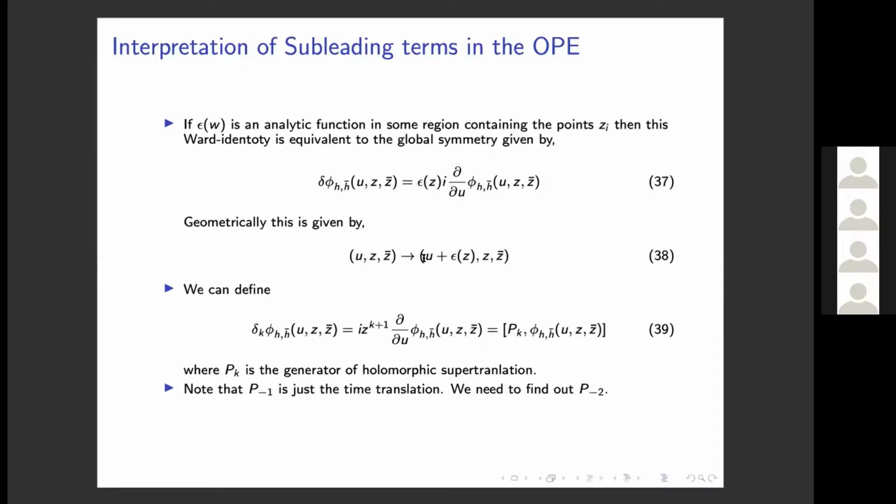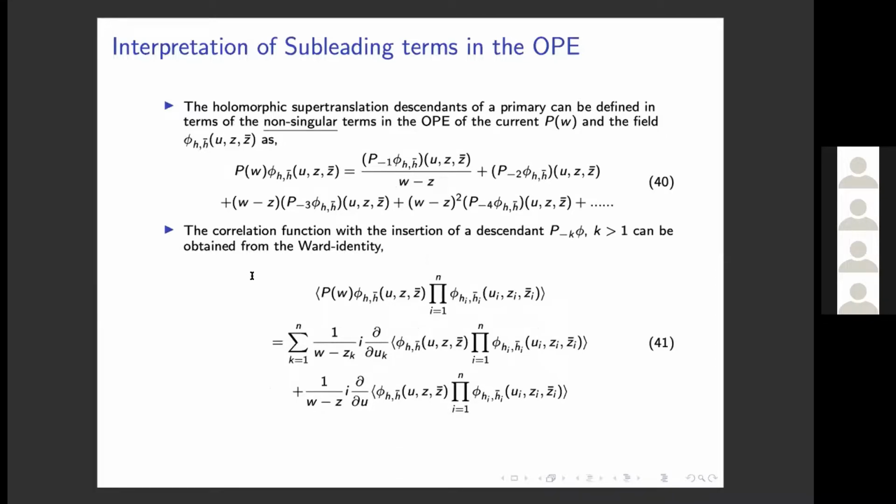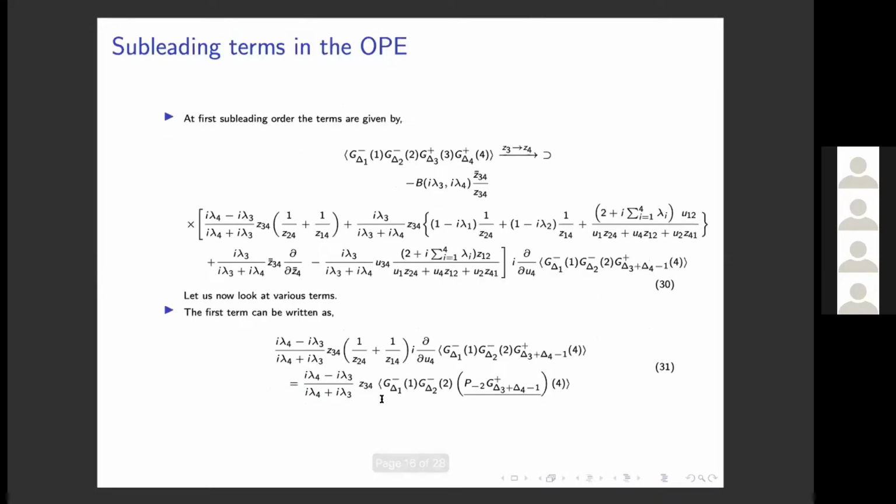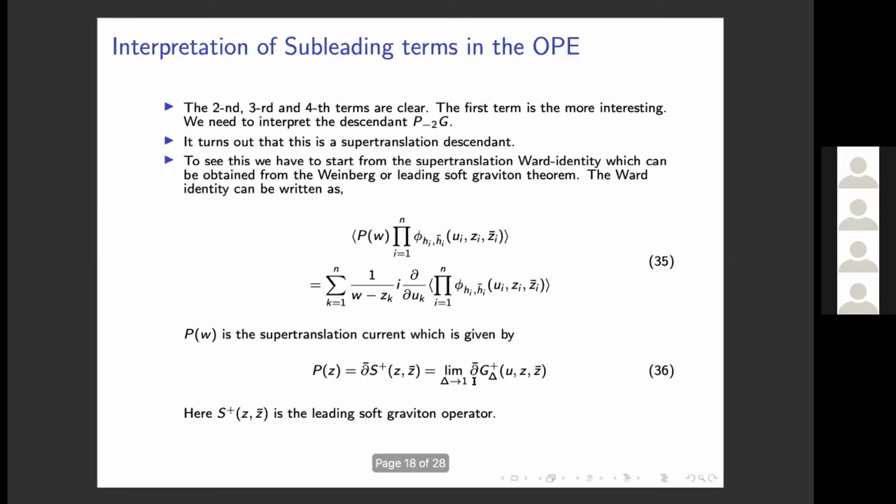So that's a singular super translation. Now how do I find this P_{-2} acting on phi, the correlation function of that, because that's what I need to find. I need to find the 3-point function of G_delta1, G_delta2, and P_{-2} acting on this G_plus.